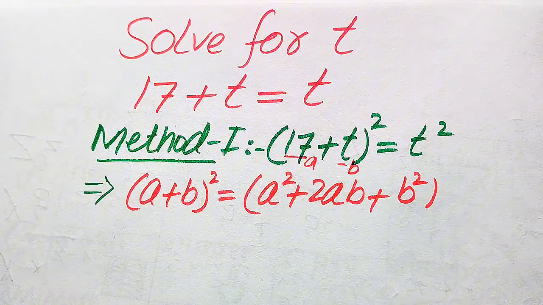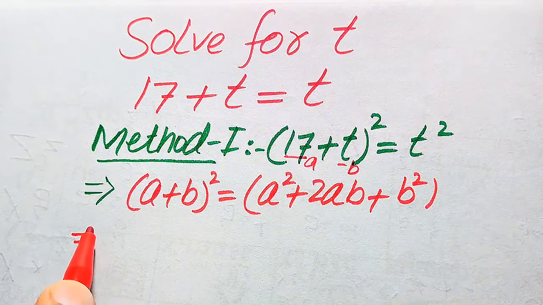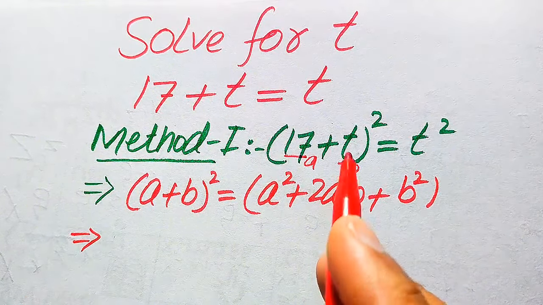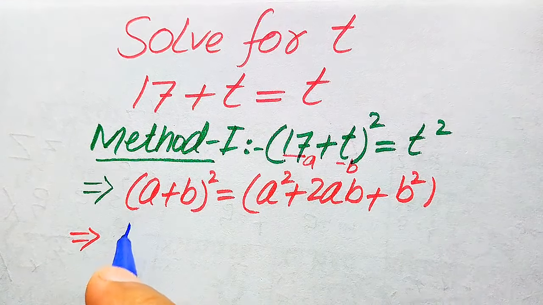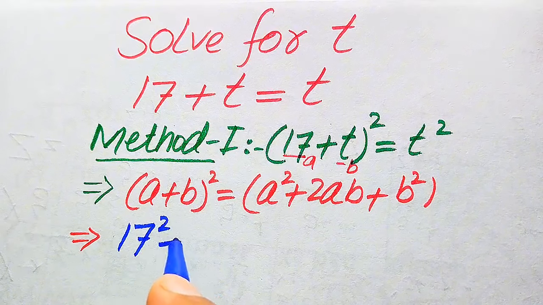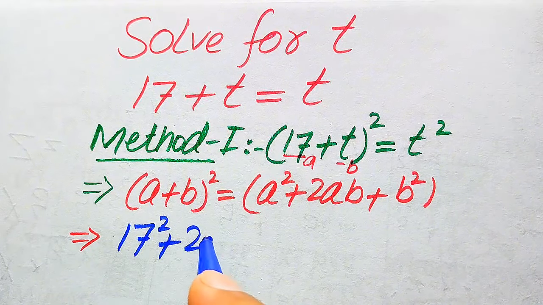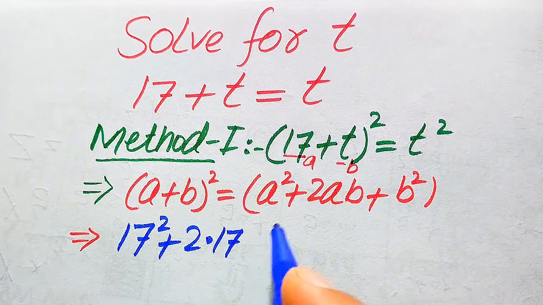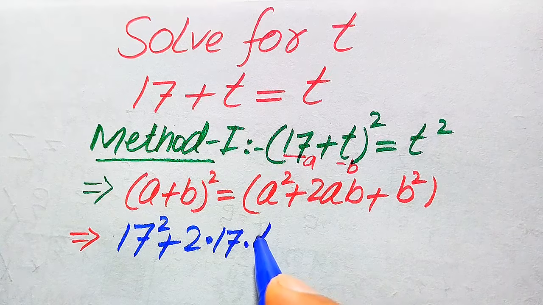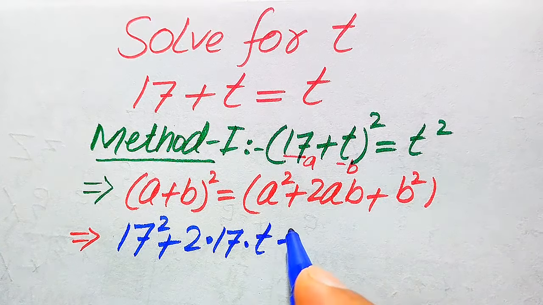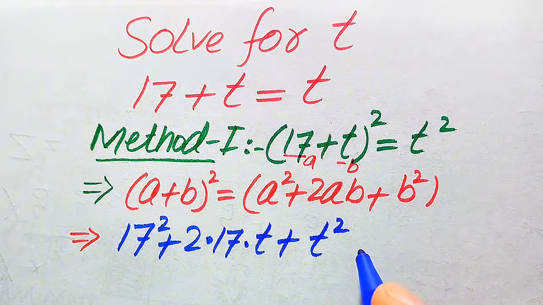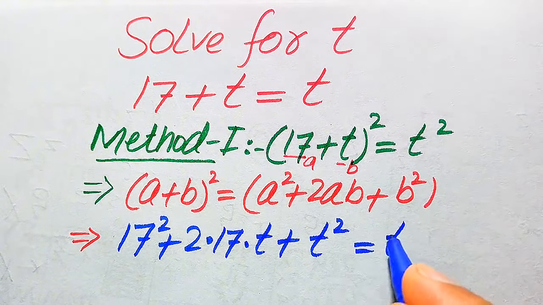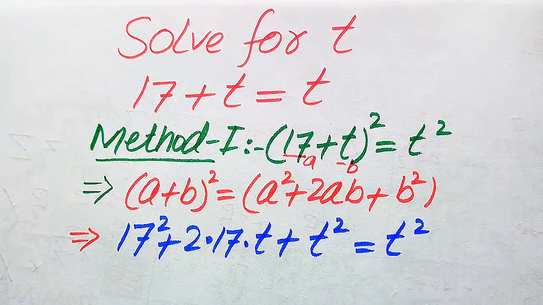According to this formula, we expand the left hand side of this equation in this form. After applying this formula, it becomes 17 square plus 2 times a, which is 17, into b, which is t, plus b square. So here our b square is t square, and this whole equation is equal to t square.